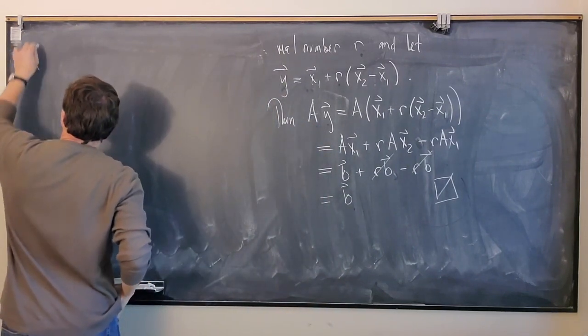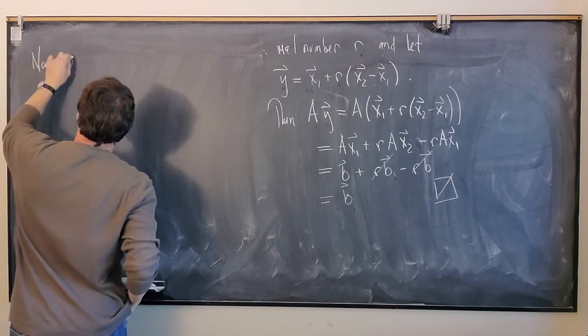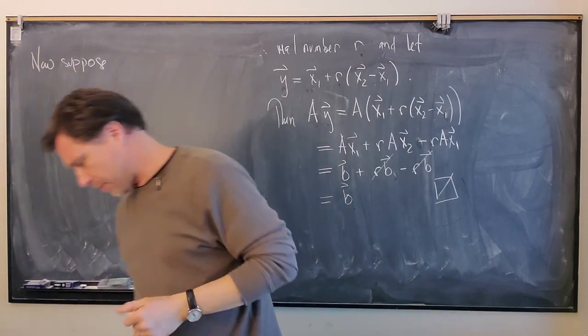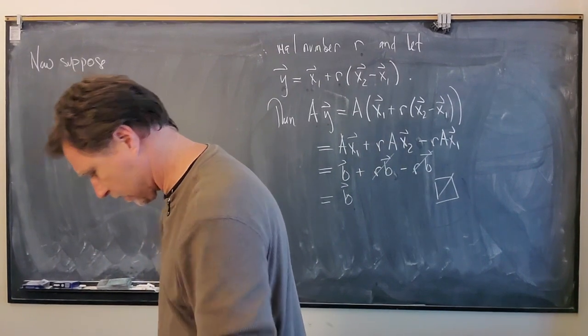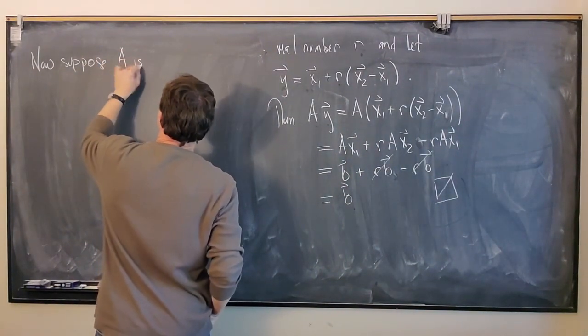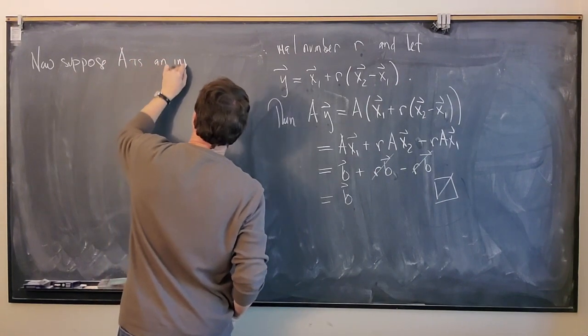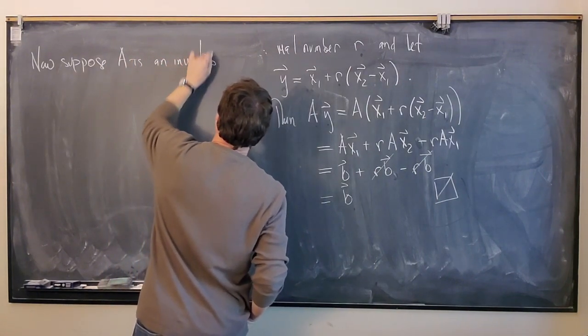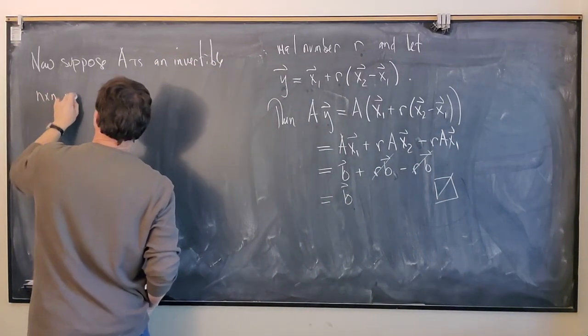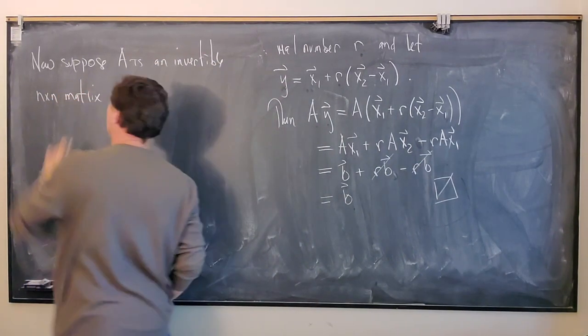So now, suppose I want to take a matrix, so let's write it, I need it to be n by n, so suppose A is an invertible n by n matrix.